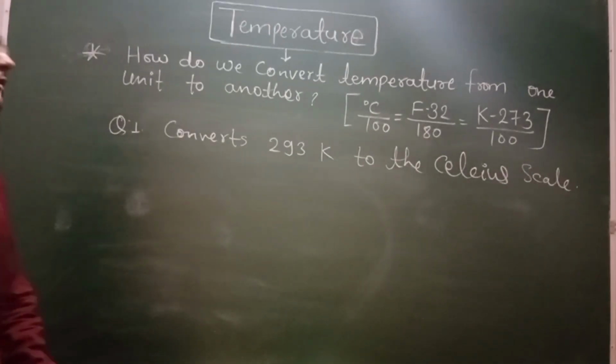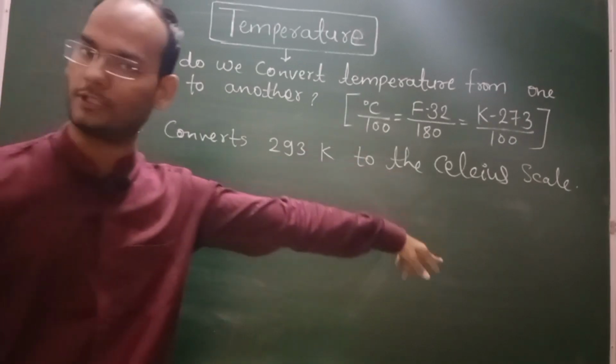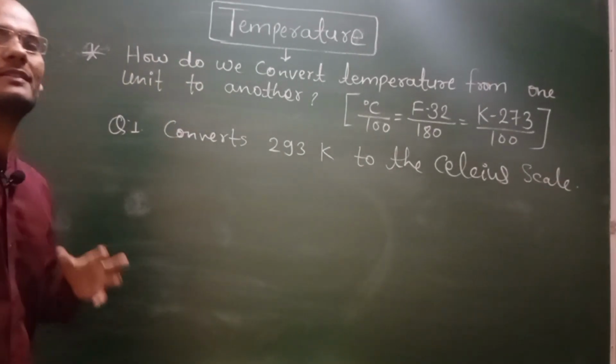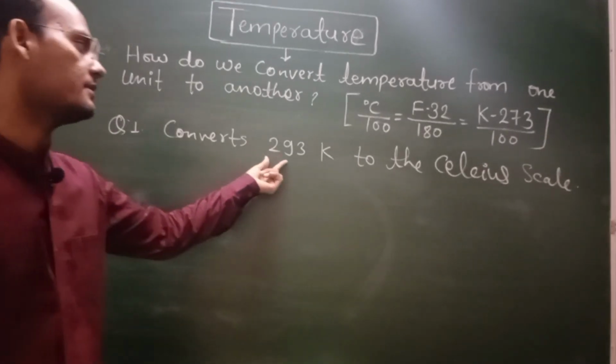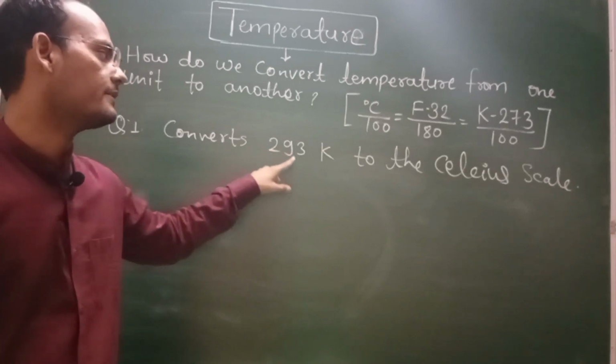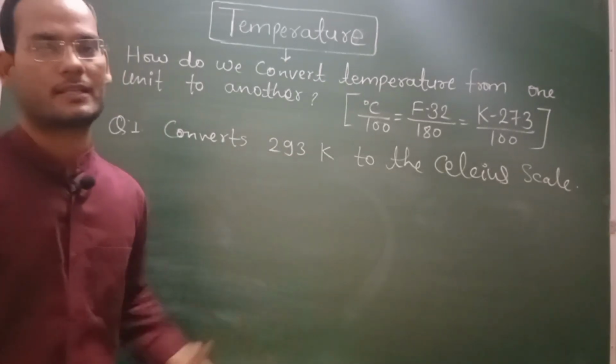How can we convert 293 Kelvin to the Celsius scale? What will be the temperature in the Celsius scale? This is 293 Kelvin. It means 293 Kelvin, what will it be in the Celsius scale?